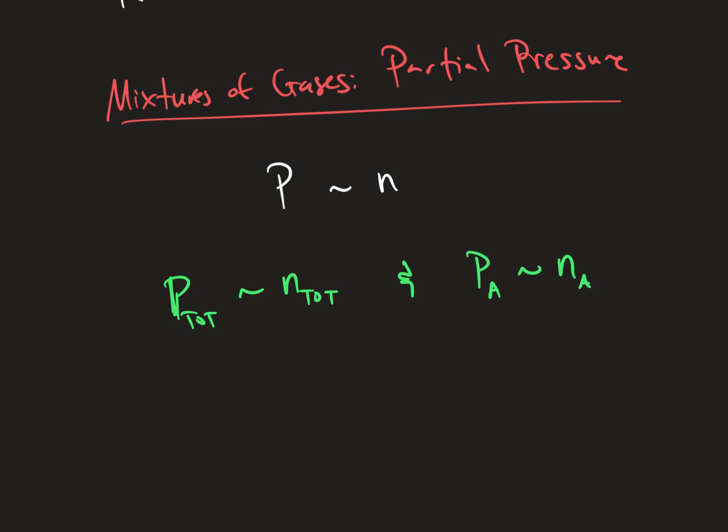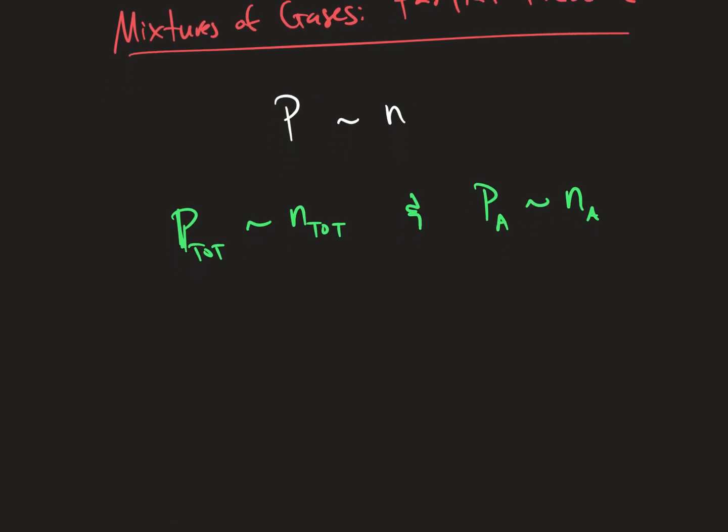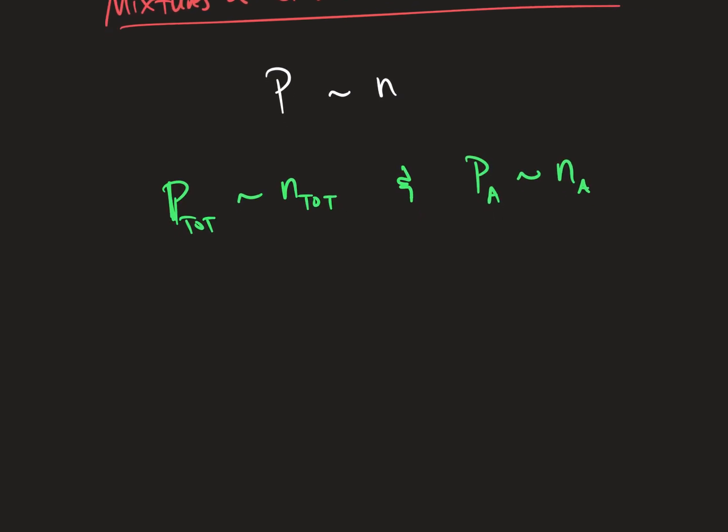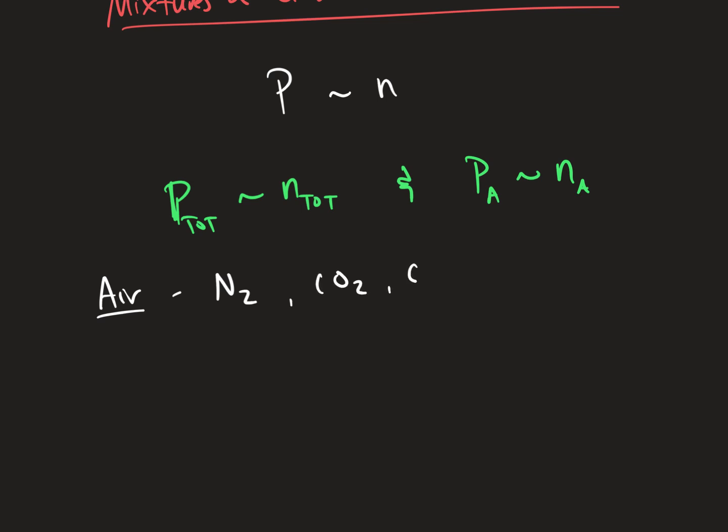All right, so let's say we have air. Okay? Do you guys know what air is made of? What kind of gases do we have in air? Nitrogen? Yeah, mostly nitrogen. We have carbon dioxide. Oxygen? Hopefully we have oxygen, right?